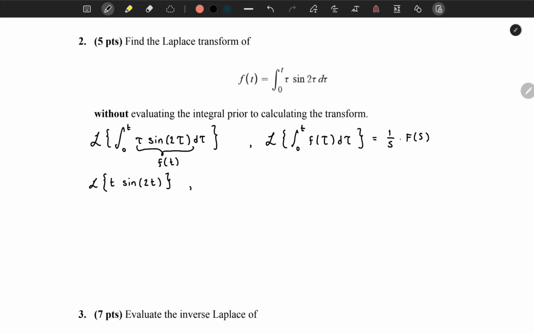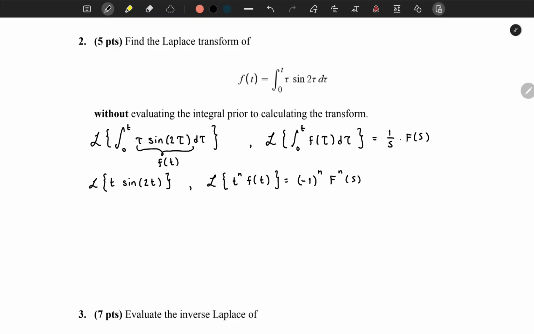Well, there is another theorem, and this theorem states that the Laplace of t to the power of n, n being a number 1, 2, 3, 4, and so forth, times a function f of t, would be equal to negative 1 to the power of n, capital F to the power of n of s, where n in this case represents the derivative.